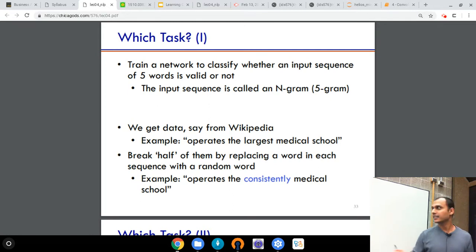Let's say instead of "largest", I made it "consistently". Then that's an invalid sequence. Now I actually have data with sequences of words with a positive label, valid, and sequences where things were jumbled with a negative label. So I have a binary classification task that I concocted.